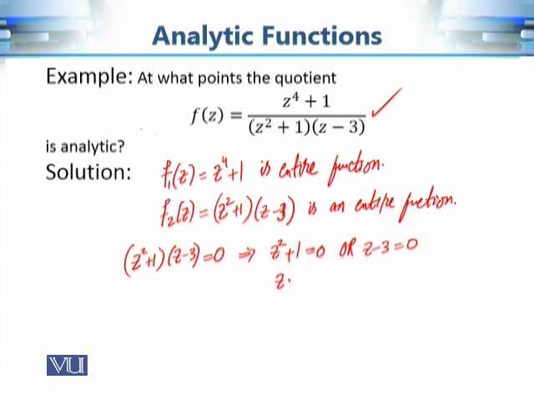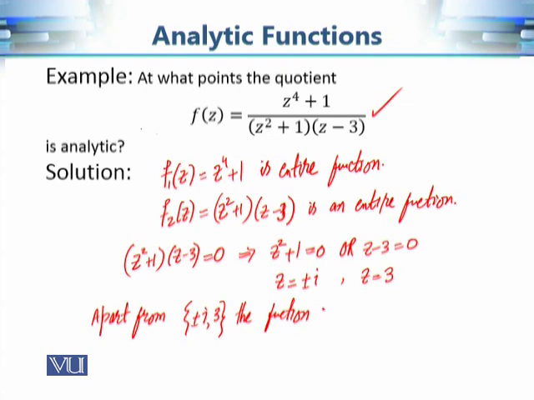In other words, we have points z is equal to plus minus iota, or z is equal to 3. So apart from the points plus minus iota and 3, the given function, which is the rational function f of z, is analytic.